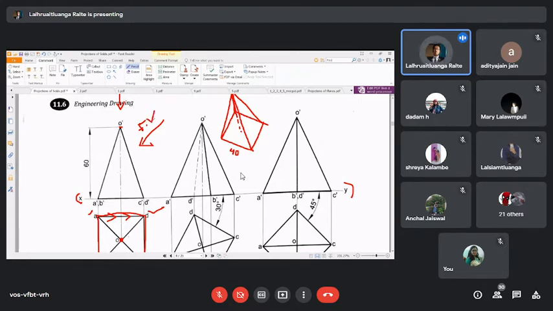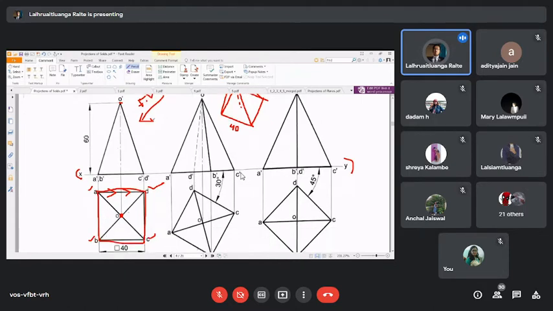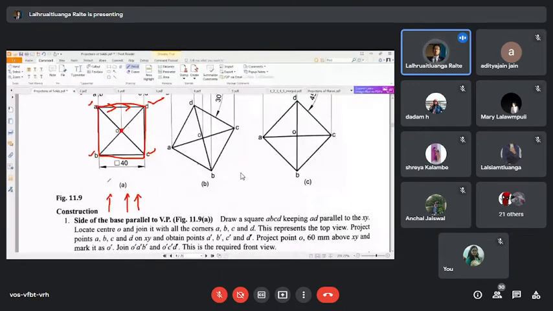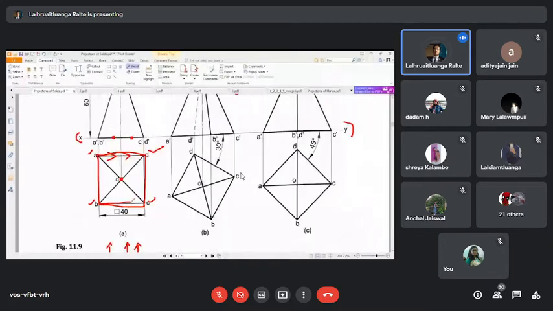Now for the front view part, this part is the front view. The front view is such that we are looking at it from this direction, and what we are seeing is a base, this side BC, right? BC, and the pyramid tapering towards the top.